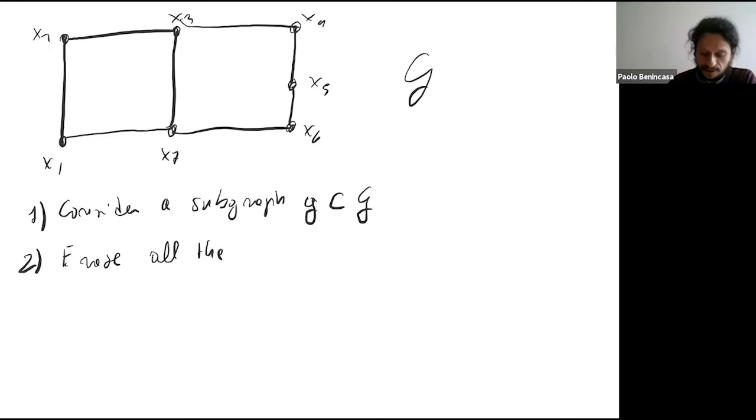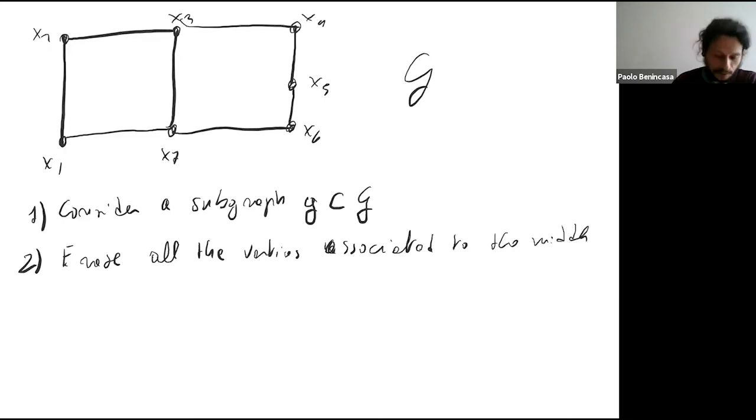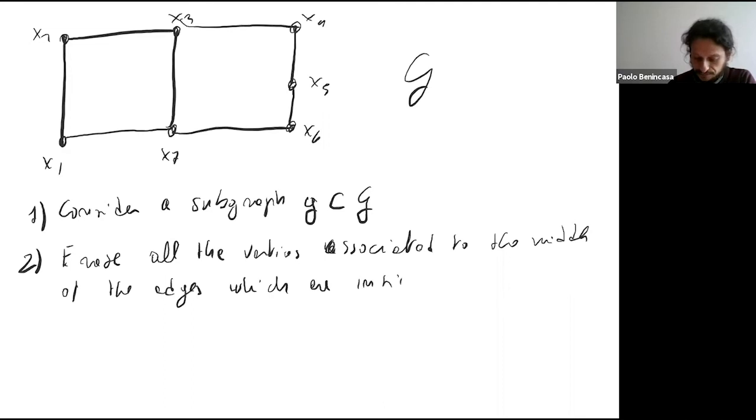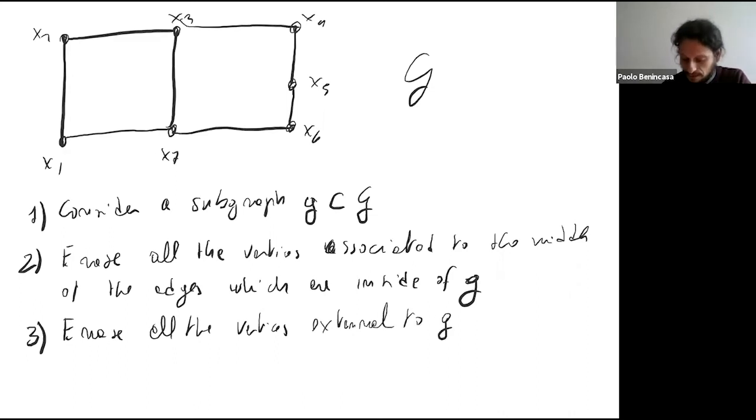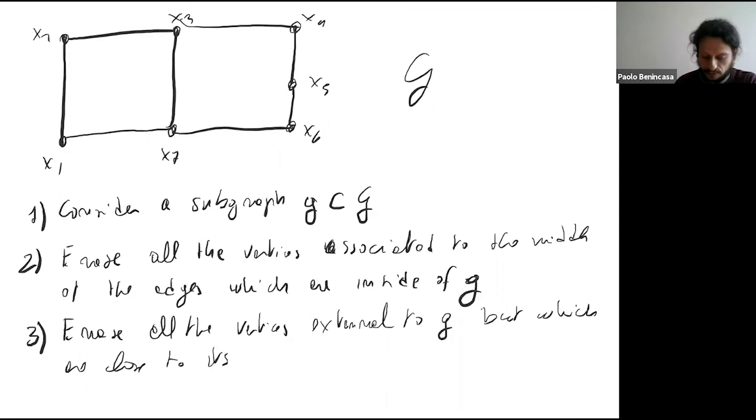associated to the middle of the edges which are inside of G. Step three: erase all the vertices external to G, but which are close to its most outer vertices.